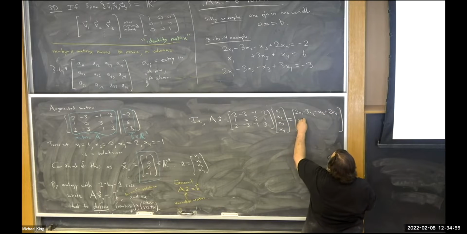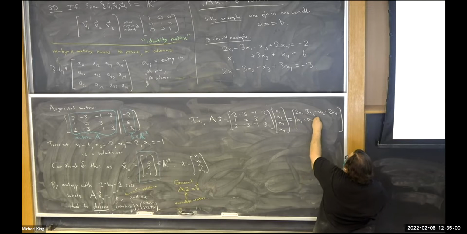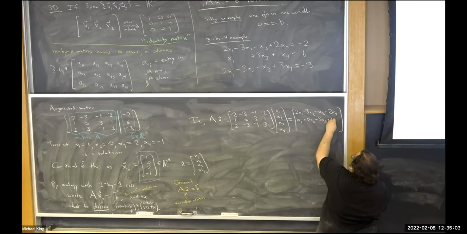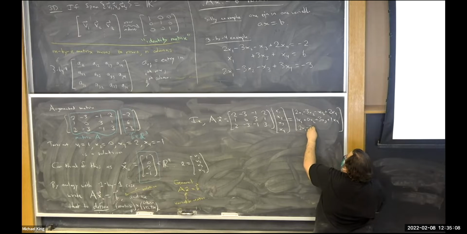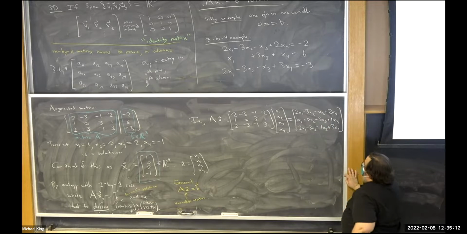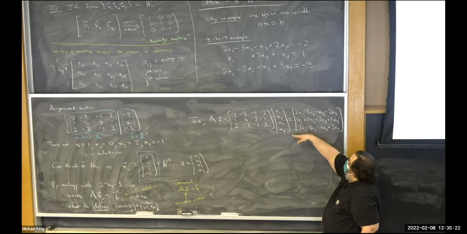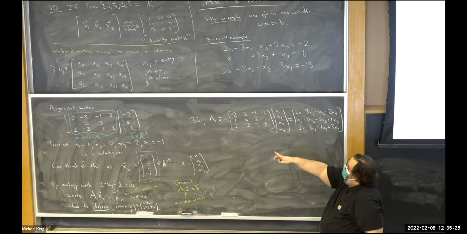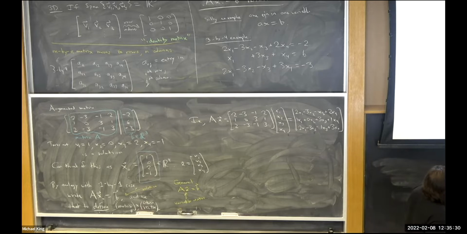So we get 1x1 plus 0x2 plus 3x3 plus 1x4. 2x1 minus 3x2 minus 1x3 plus 3x4. So like that, right? That's the definition of what matrix times vector is. And if we plugged in the numbers 1, 0, 2, -1 to here and to here, we should get -2, 6, -3, right? I guess I wrote that there.